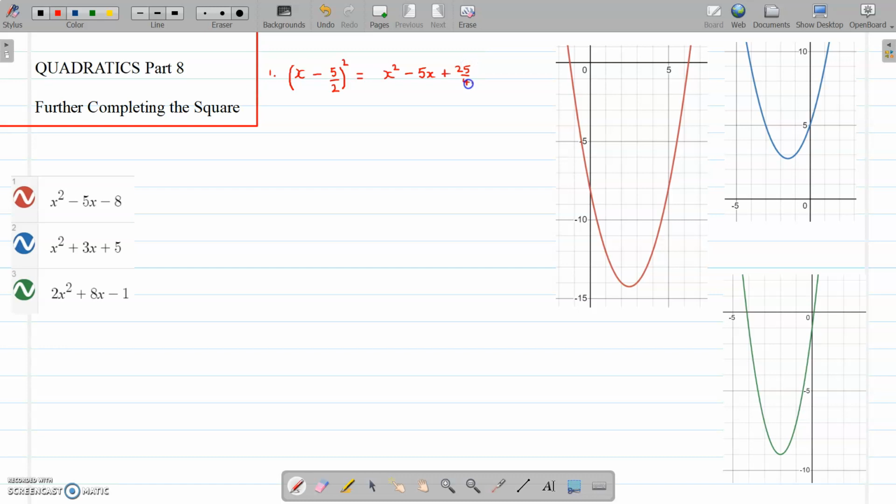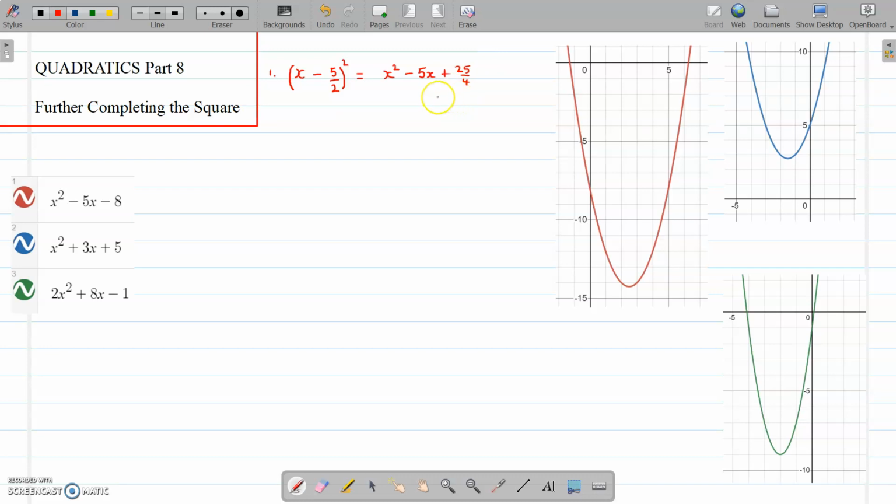But we don't need 25 over 4, we need minus 8. So the first thing I'm thinking of is, what is 8 in terms of quarters? Well, it's 32 quarters, isn't it? So what do I need to do to my plus 25 quarters to get down to minus 32 quarters?